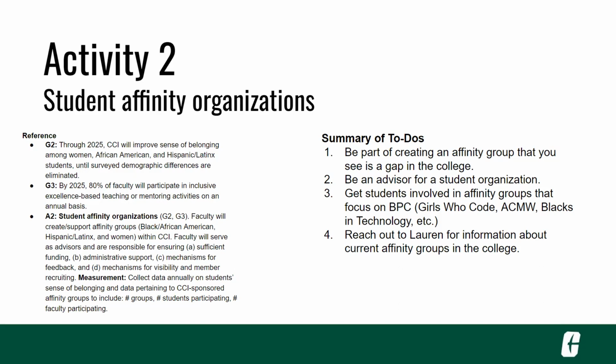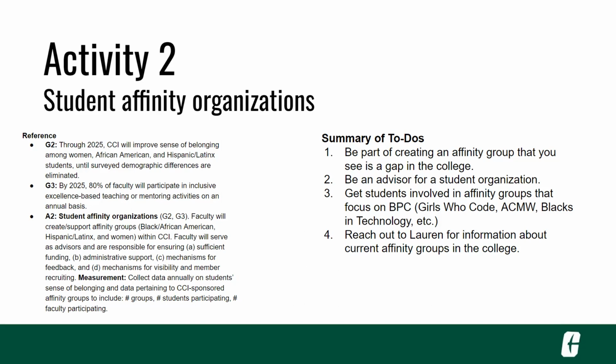That contact is there as somebody who can help you. So if you are interested in getting involved in student affinity organizations, for example, you could reach out to me for information, or just to find out what the current student orgs in CCI are that focus on specific affinity groups.